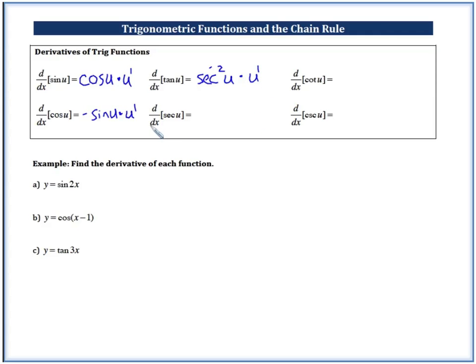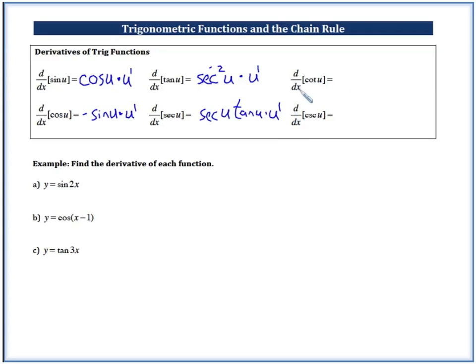For the derivative with respect to x of secant u, we're going to have secant u times tangent u, and then times u prime.